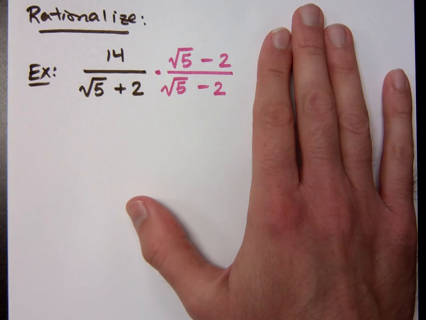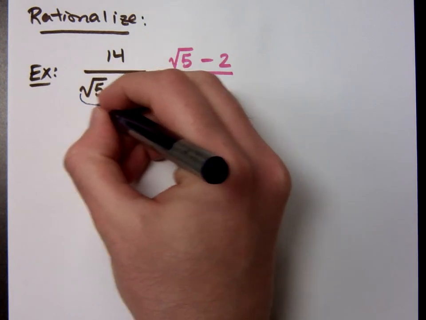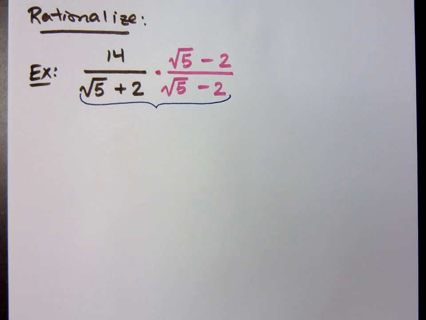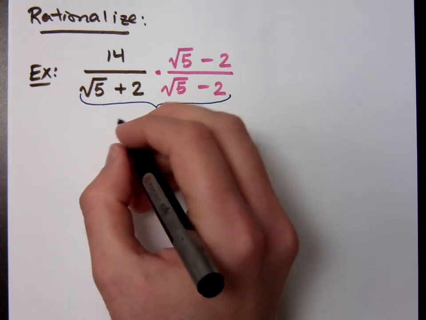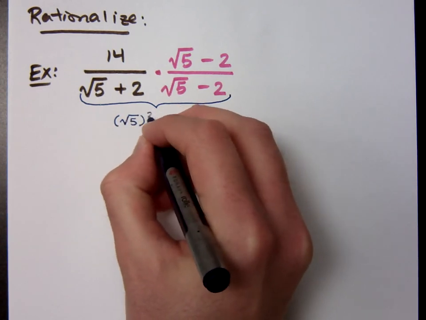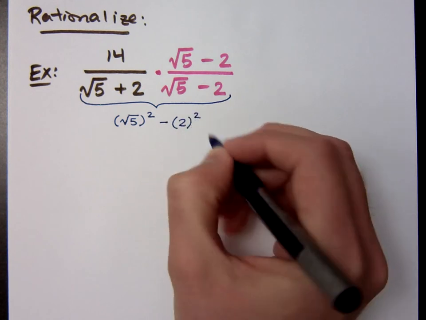But when I do its conjugate, the square root of 5 minus 2, what happens here in this denominator? That would give you the difference of squares. So that's the square root of 5 squared minus the other guy, 2 squared.